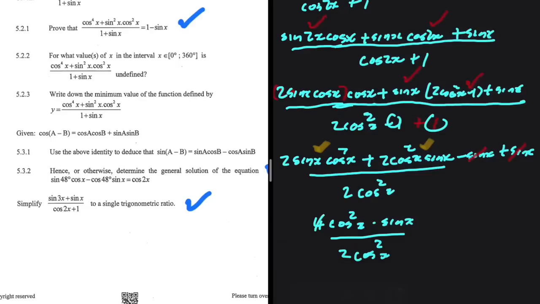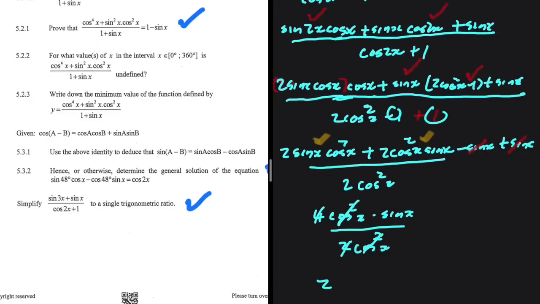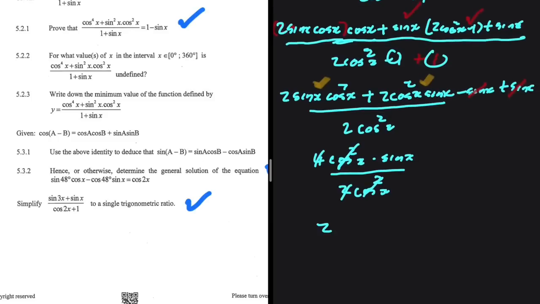Okay, 4 divided by 2 is 2. Cos squared x will cancel out with that term on the numerator. So we are only left with 2 sine of x, and this is the expression we're given as a single trigonometric ratio.